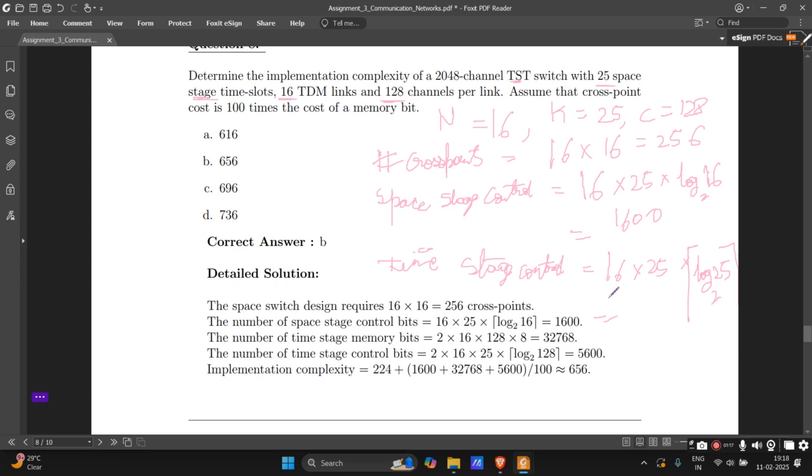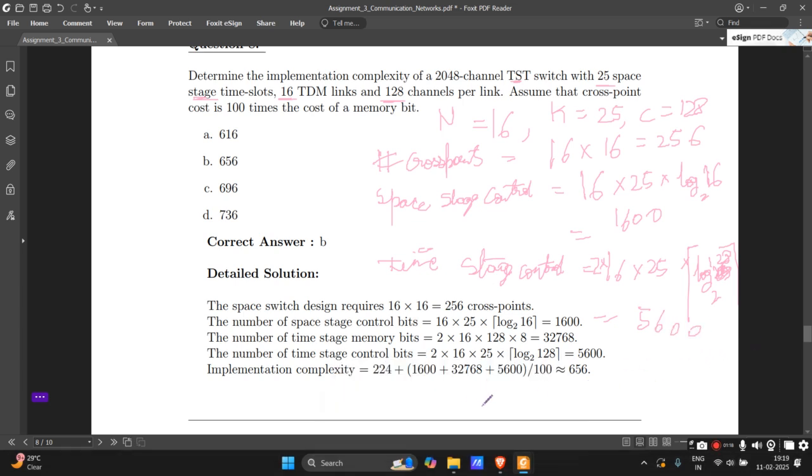Since there are two time stage switches because these are TST, 2 will be multiplied here. So 2 into 16 into 25 into ceiling log base 2 of, sorry, not 25, there are 128 channels, so log base 2 of 128. So this will be 5600.